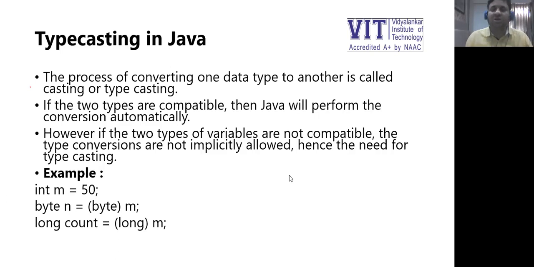If the conversion is from lower to higher, suppose there is something like int x equal to 10, and I want to assign it to some float. It will be done implicitly, because conversion from lower type to higher type is done implicitly.